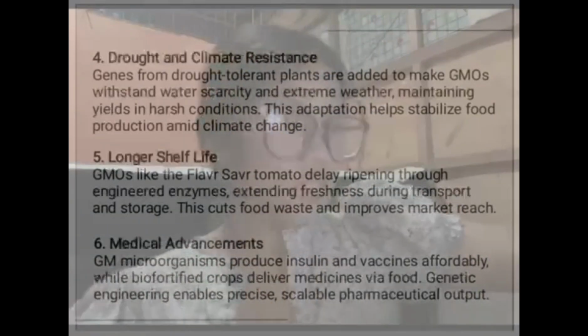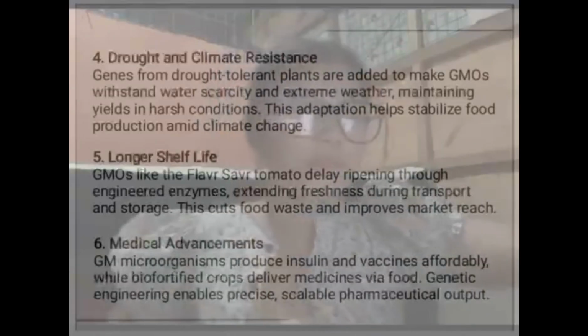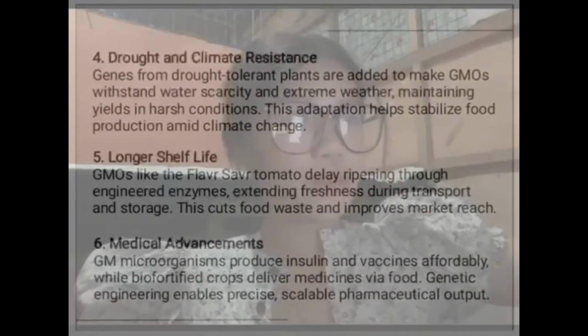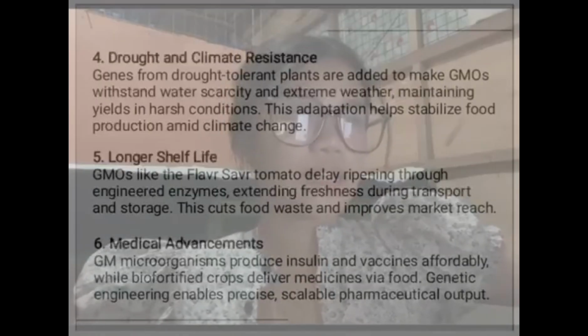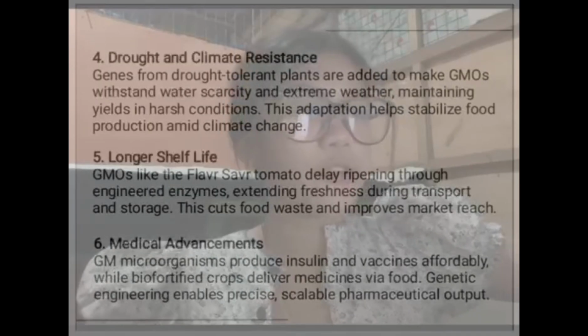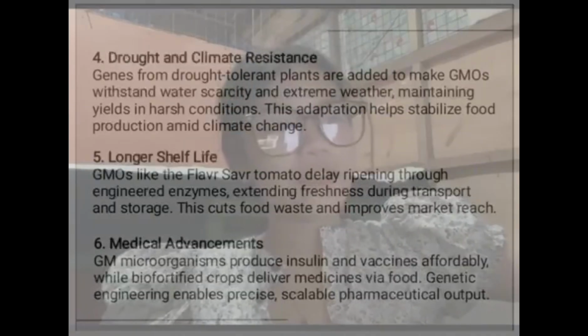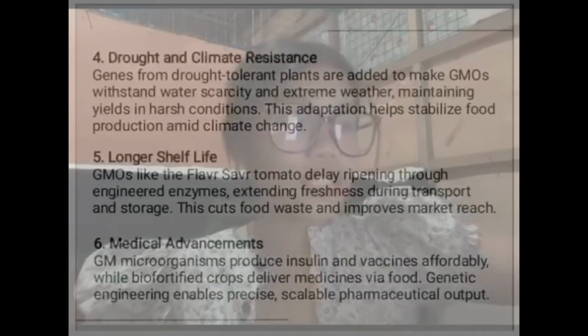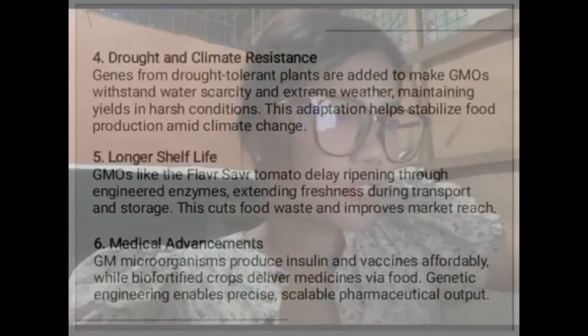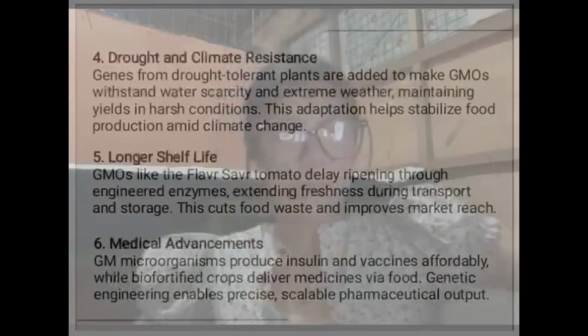So now, let's proceed to number 6, which is medical advancements. GM microorganisms produce insulin and vaccines affordably, while biofortified crops deliver medicines via food. Genetic engineering enables scalable pharmaceutical output.